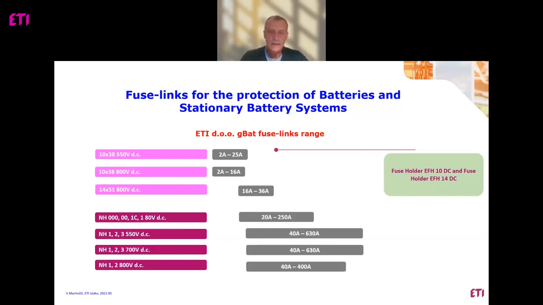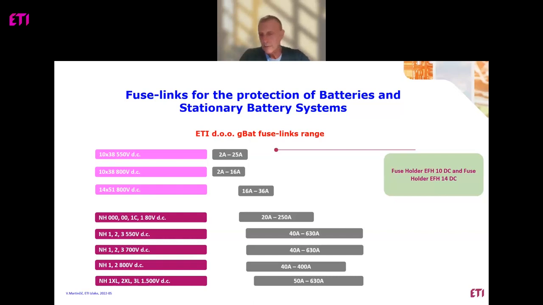And last year, okay, there is 800 volts again, up to 400 amps in size 1 and 2. And what is the newest is sizes in long dimension, XL, 1XL, 2XL, and 3L, 1500 volts up to 630 amps.